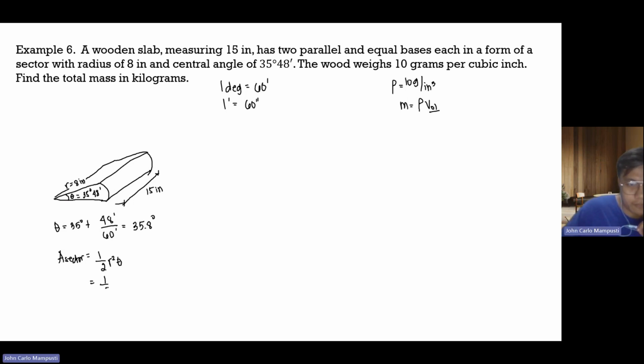Okay, so 1/2 given yung r natin or radius natin, which is 8 inches squared times theta, which is 35.8 degree times pi over 180 degrees. Okay, this is approximately equal to 20 square inches.